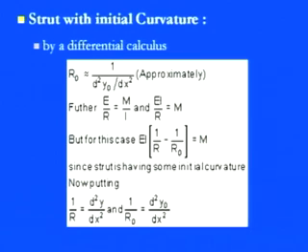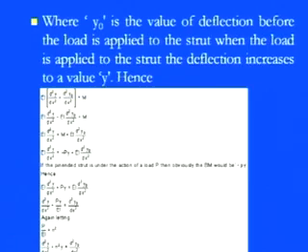This R is the realistic condition under the load, and R0 is introduced because of the initial conditions, to compensate when the load is not exactly on the center line and there is eccentricity. Here y0 is the value of the deflection before the load is applied to the strut, and when the load is applied, the deflection increases to y.